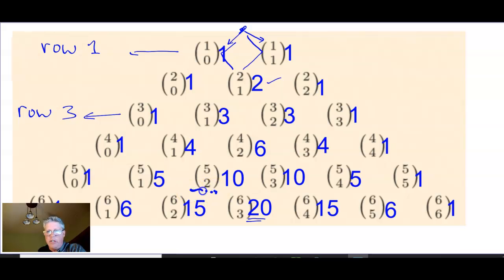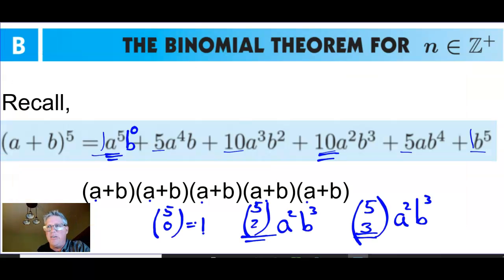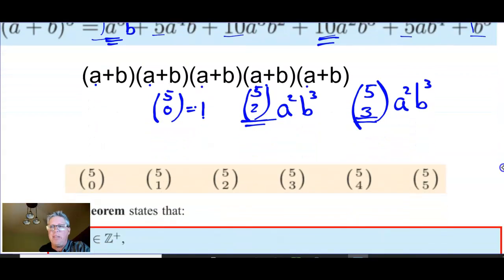Notice the 5 choose 2 and the 5 choose 3 give you the same. 5 choose 1 and 5 choose 4 give you the same, because how many ways can I pick one person is kind of the same thing as how many ways can I leave 4. I knew you'd catch on. Very good. All right, so what does that mean to us? What does that mean to us?